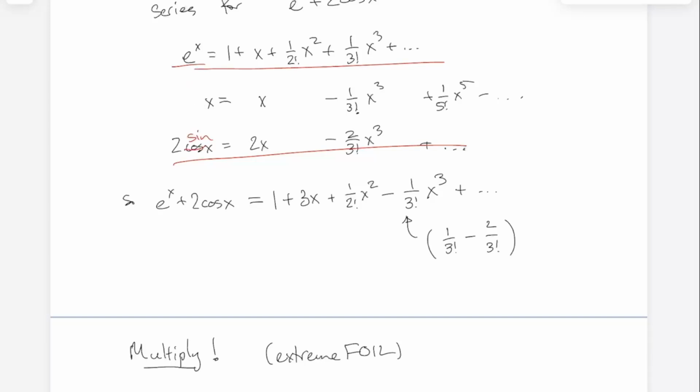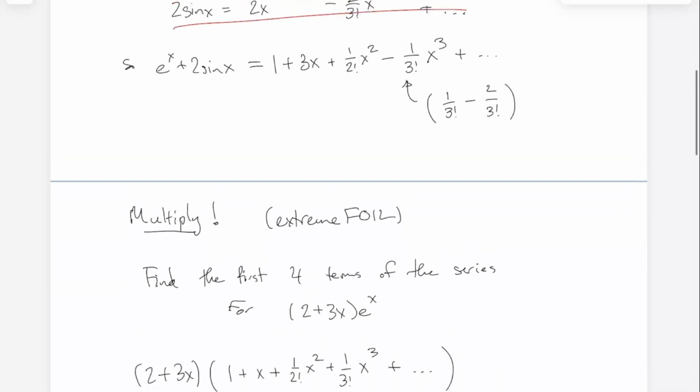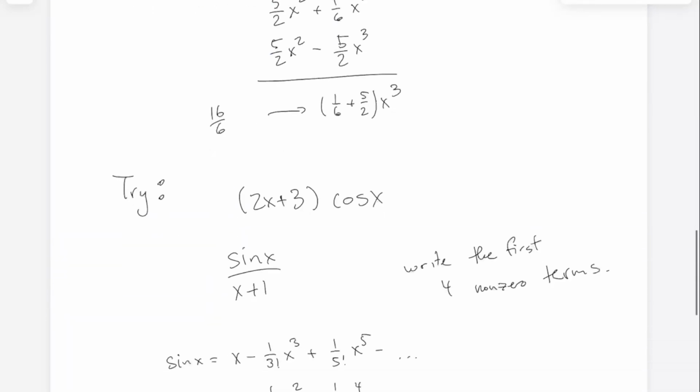I'm going to erase this all nicely so that it looks nice. It's easy to mix them up. I think I'm all good now. Sorry about that.